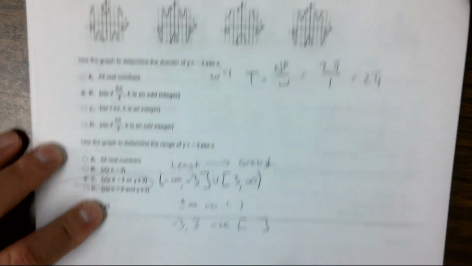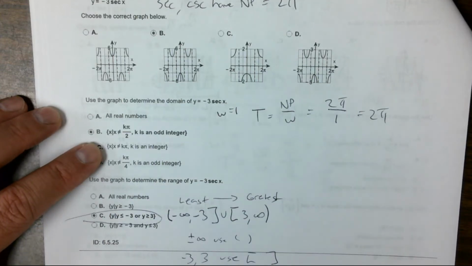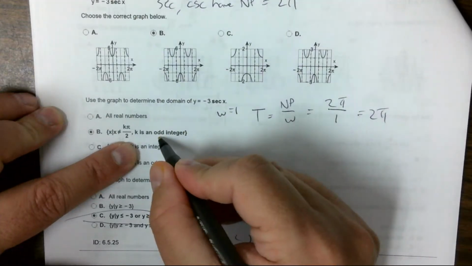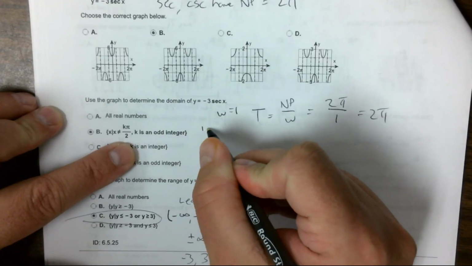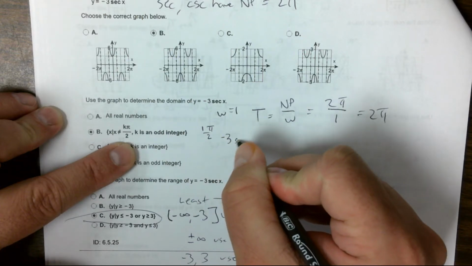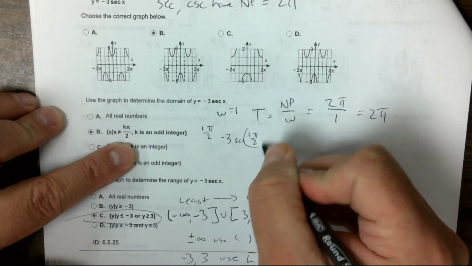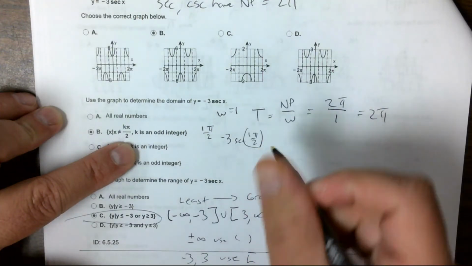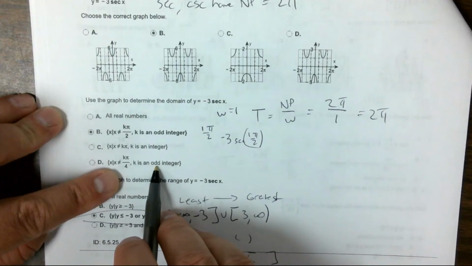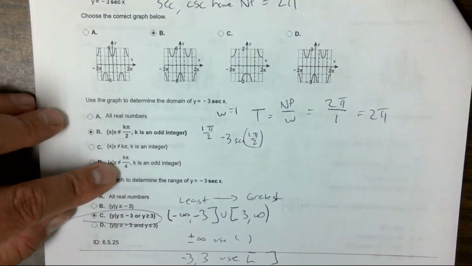And then you want to find where your asymptotes are. So you can guess and check. You can try for an odd integer, 1 pi halves. So you could do negative 3 secant, 1 pi halves. And then it's also saying over 4. And so you can just try your different values.